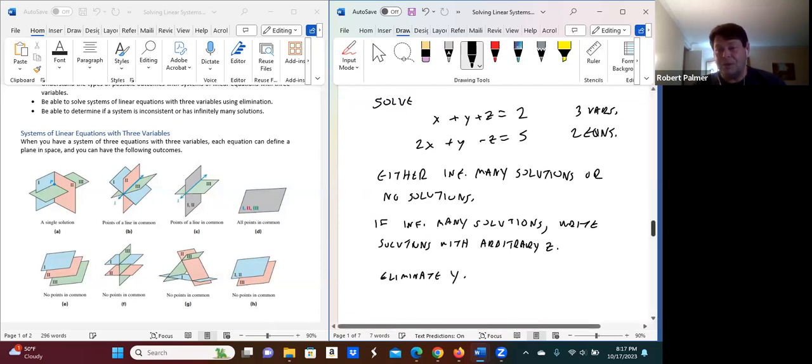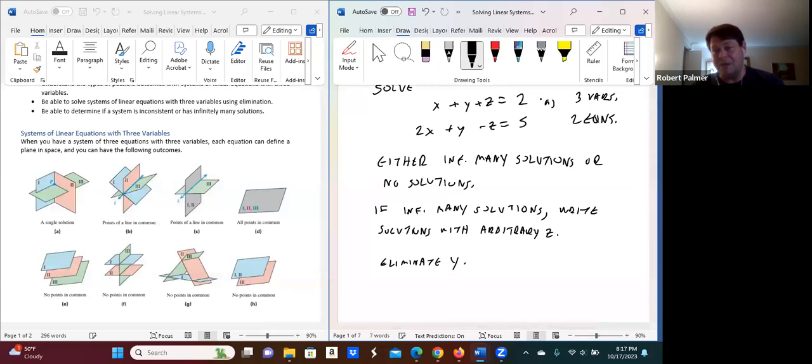Let's call these equations A and B. Of course, we want to add A and B, but we can't add them directly, so let's multiply equation A by negative 1. Since we have a positive y in both cases, just one of them needs to be negative.